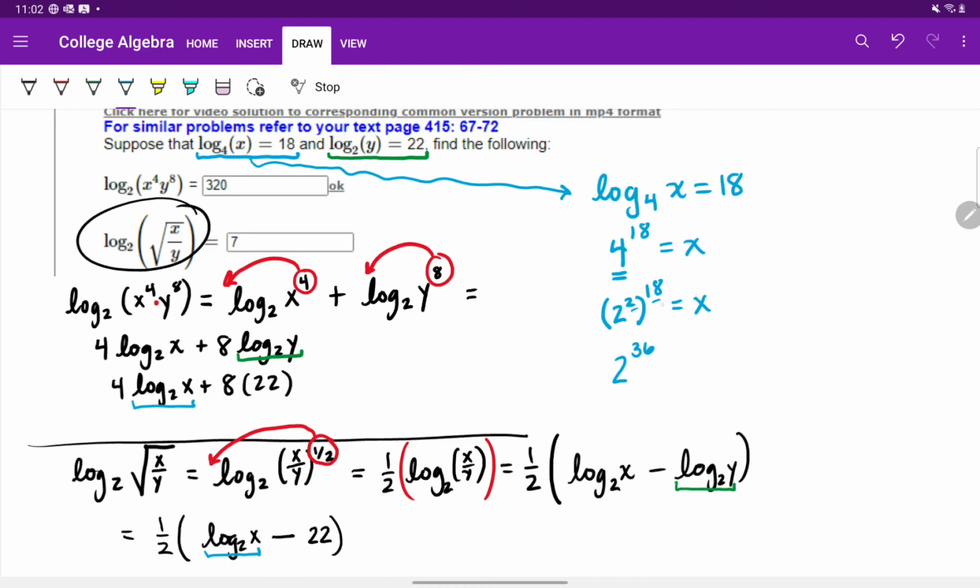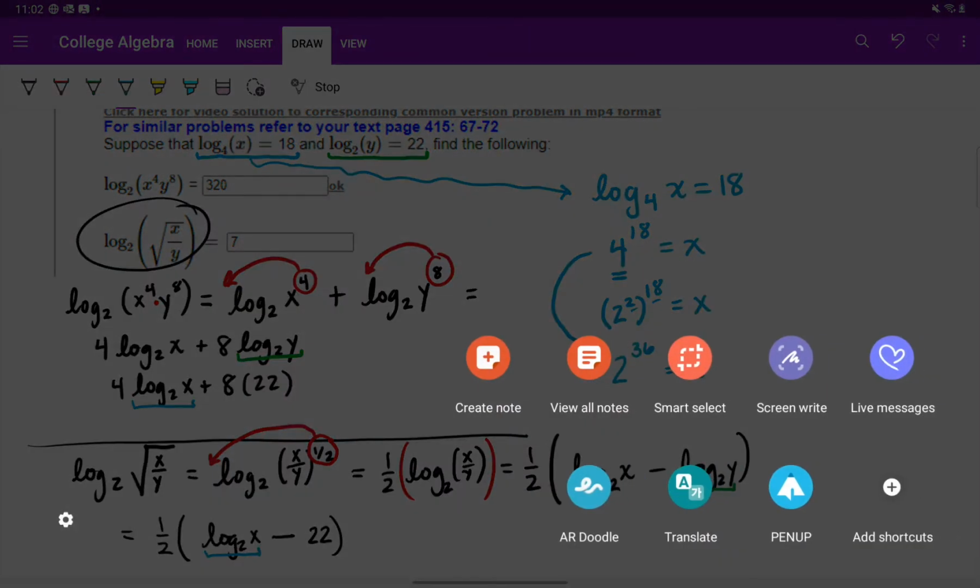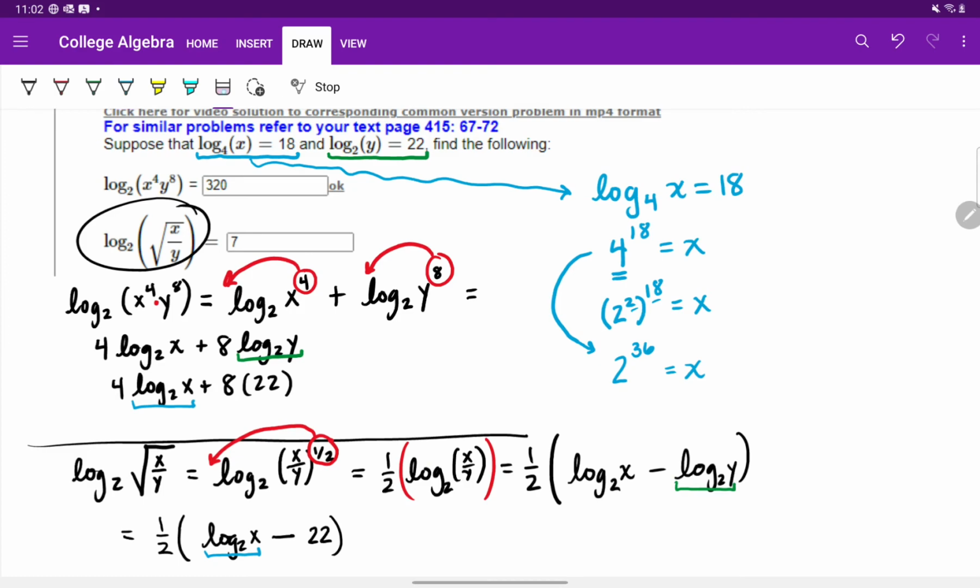Remember, if you have an exponent to an exponent, you multiply your exponents together. So we've successfully turned this from a base of 4 into a base of 2. So if we now convert this back into logarithmic form, we can see that log base 2 of x equals 36.